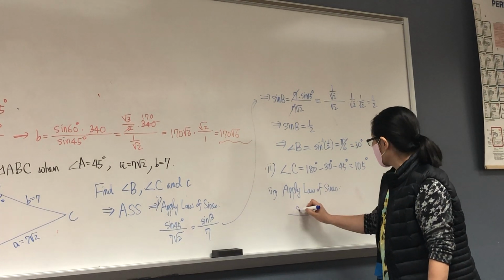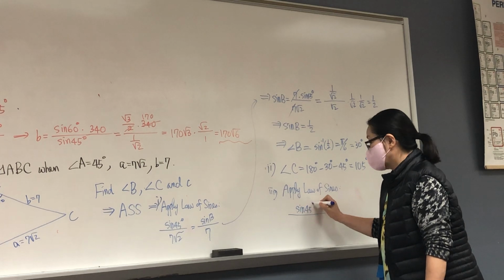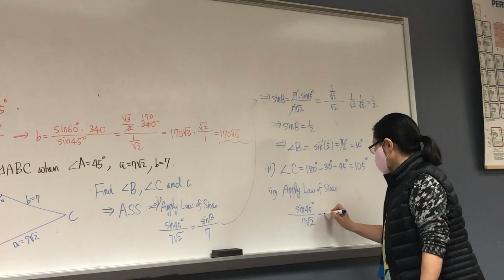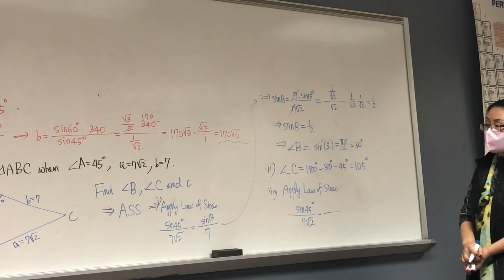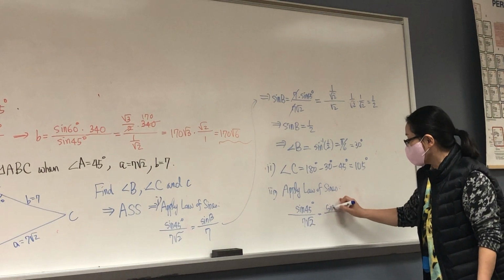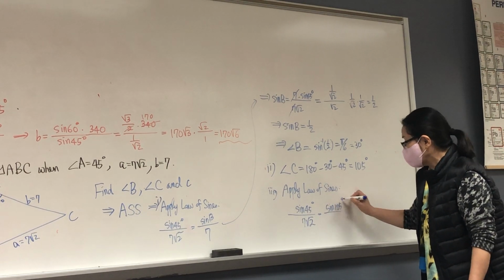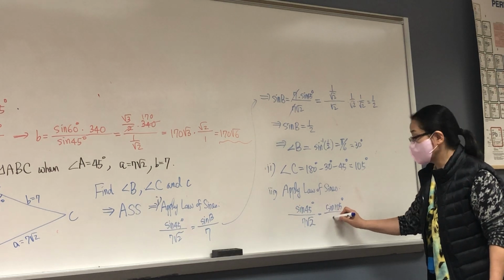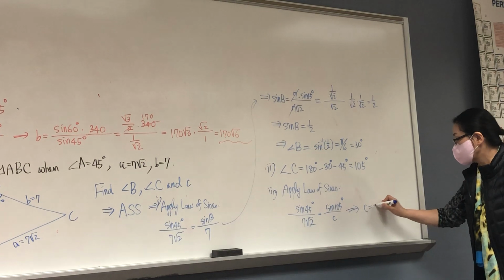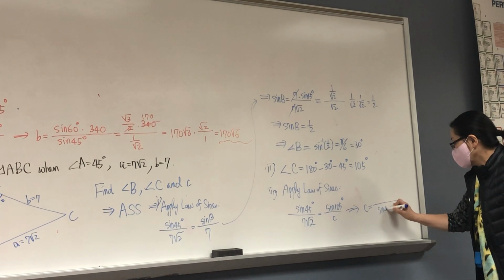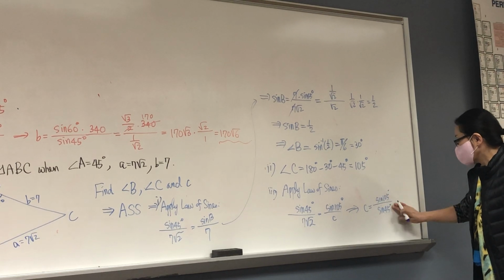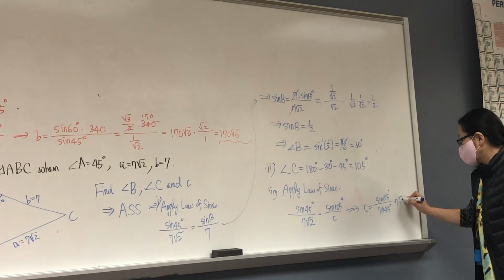Again, sine 45 over 7 square root of 2 is equal to sine 105 over C. So what is C? C is sine 105 times 7 square root of 2 over sine 45, am I right?